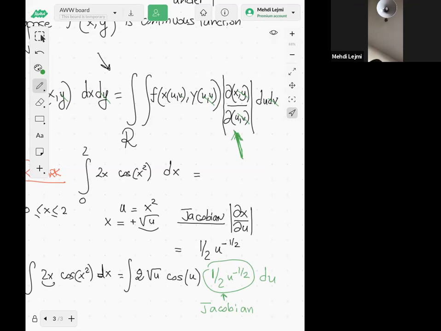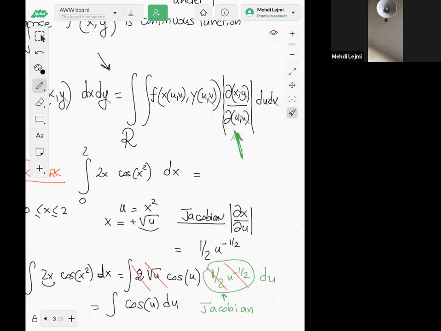Now we can see this 2 with the half, they cancel out. This square root of u with this u to the negative half, they cancel out. So now it's just cosine of u du. And that's exactly my substitution, right?